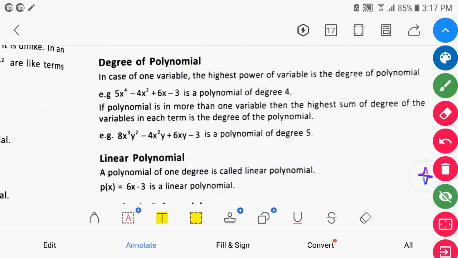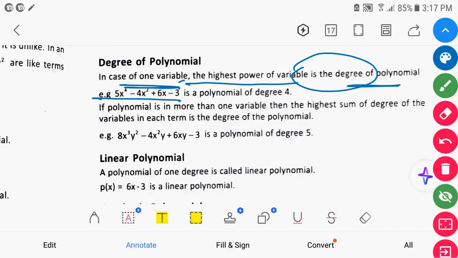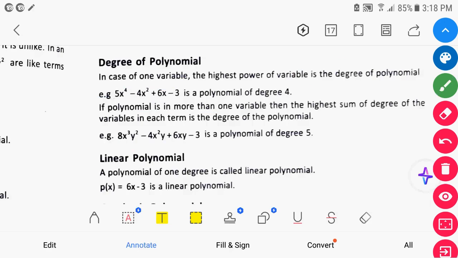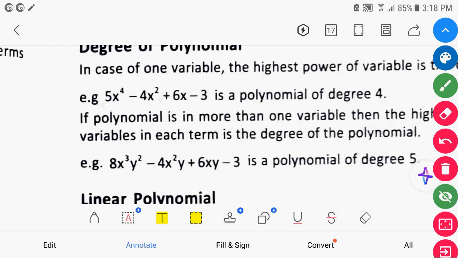The highest power of the variable is known as the degree of the polynomial if only one variable is there in the algebraic expression. If more than one variable is there, you have to add the degrees of the variables in each term. In each term you add the degrees, and the highest one is the degree of the polynomial. For example, in the first example you can see 5x raised to 4 minus 4x square plus 6x minus 3.